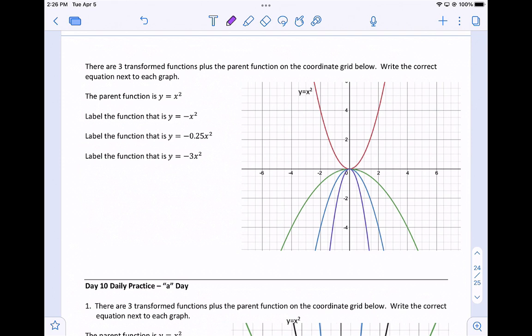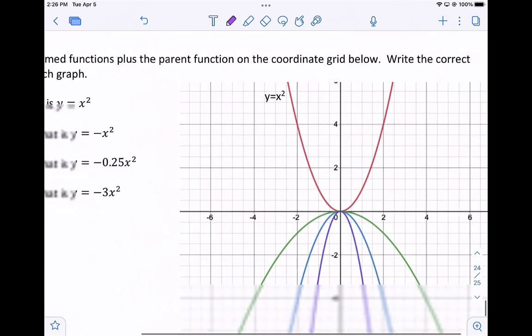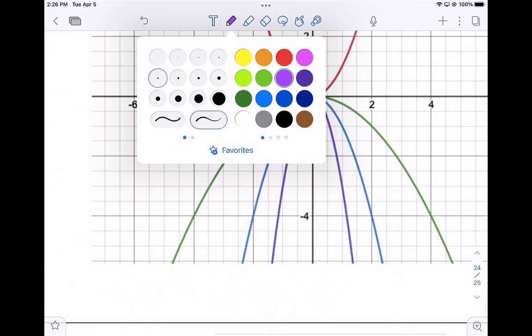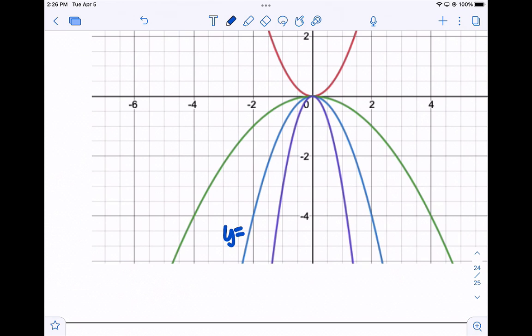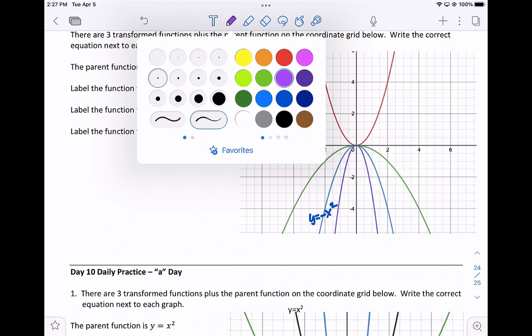Do it again here. There are 3 transformed graphs plus the parent function on the coordinate grid below. Write the equation next to each. Here's the parent function, y equals x squared. So which one is negative x squared? It should be the same width. So that's actually the middle one. If we have y equals negative 0.25x squared, that 0.25 is going to make it wider than the original.